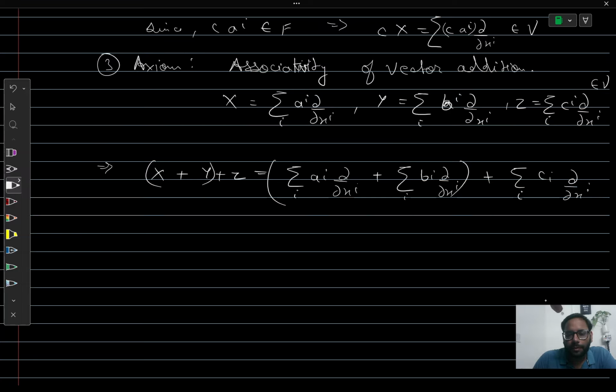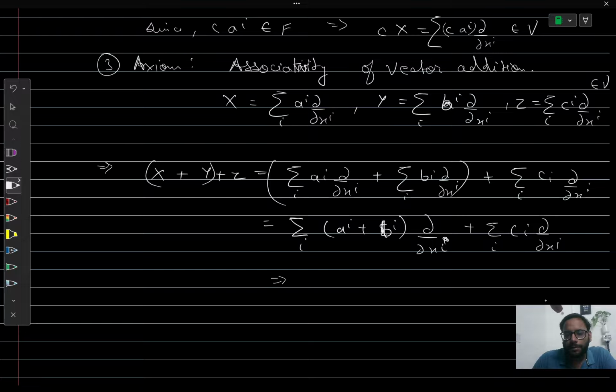So you can just write it like this, bi dxi, dxi plus then ci dxi.